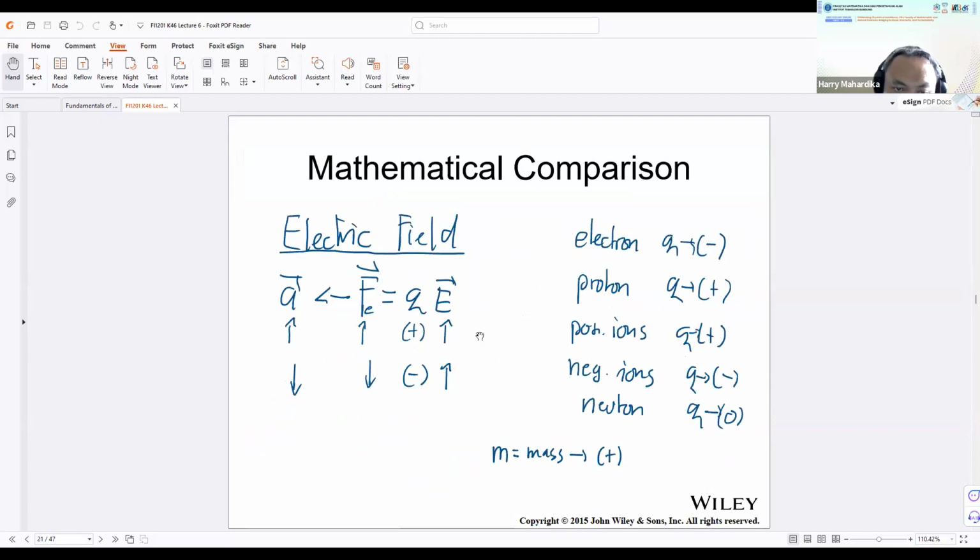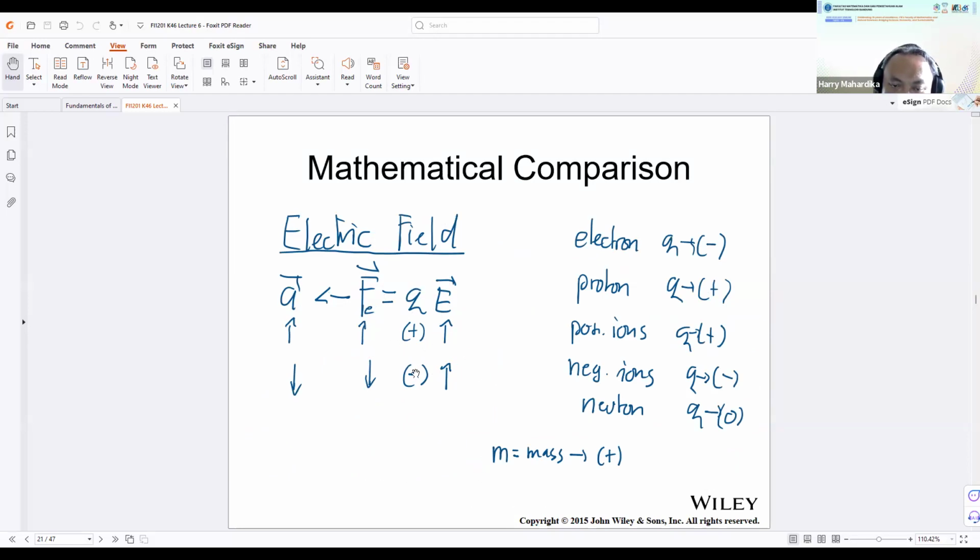Okay, so here is a comparison between electric fields and magnetic fields. As I mentioned earlier, if we have an electric field that points upward, then F is also pointing upward, and this is true if the sign of the charge is positive.